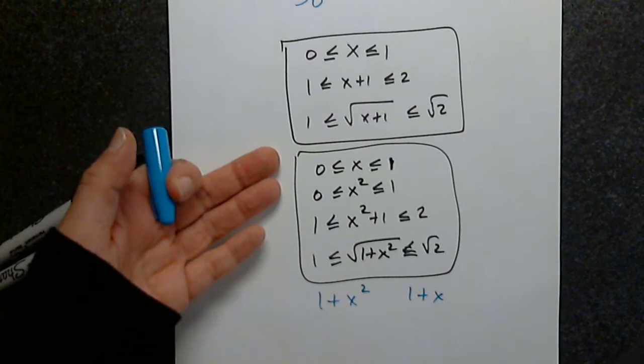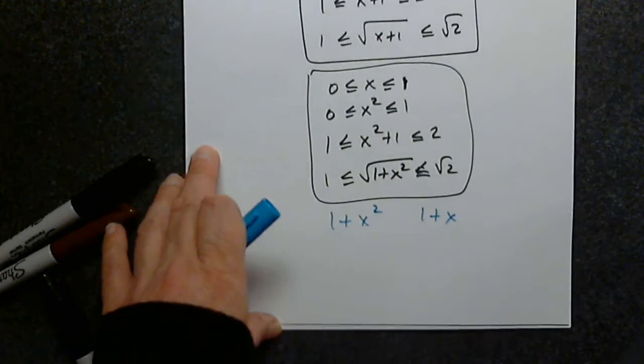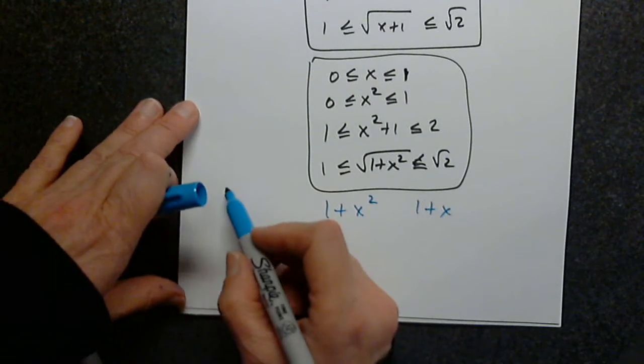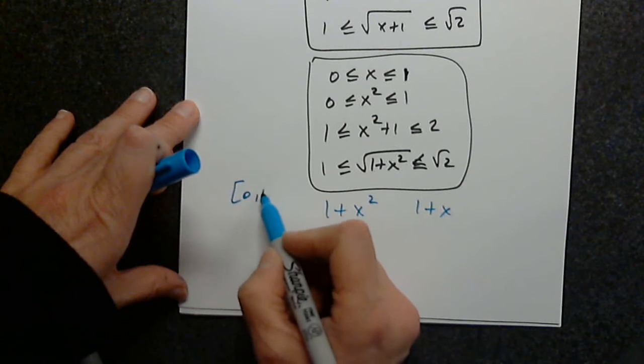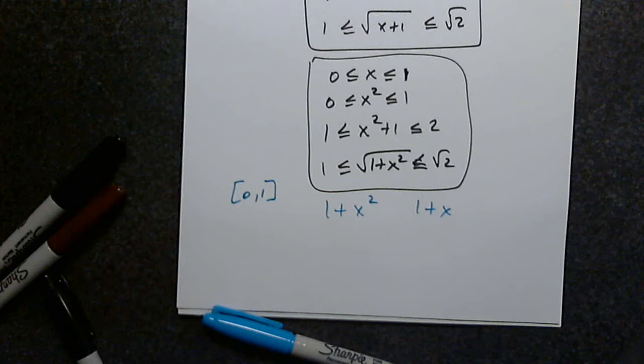Because according to this, I haven't made any progress. But always keep in mind that in our example, x is a number between 0 and 1. So which one will be bigger? 1 plus x or 1 plus x squared? I'm only talking about numbers between 0 and 1.